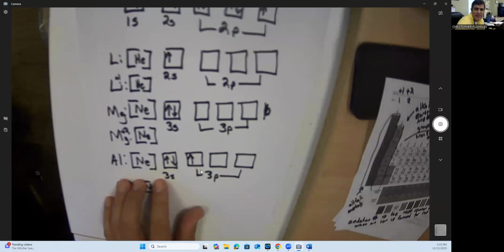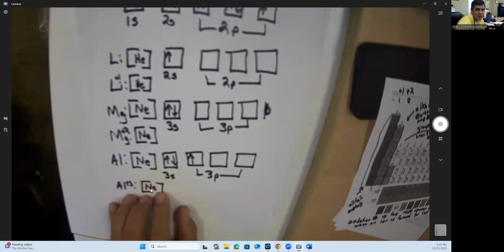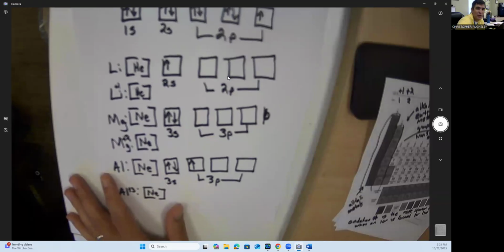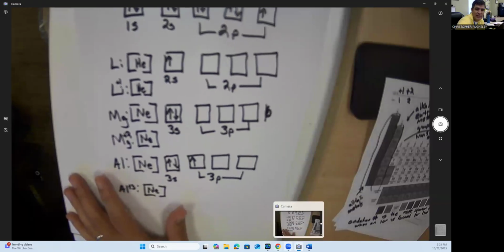But aluminum is typically going to give up those three, which gives aluminum a positive three charge, and that will give it an Ne configuration. This is an aluminum cation. This is a magnesium cation. Once it gives up those two electrons, it's got a positive two charge and the noble gas configuration. This is lower energy for magnesium, and atoms are going to want these lower energy states.